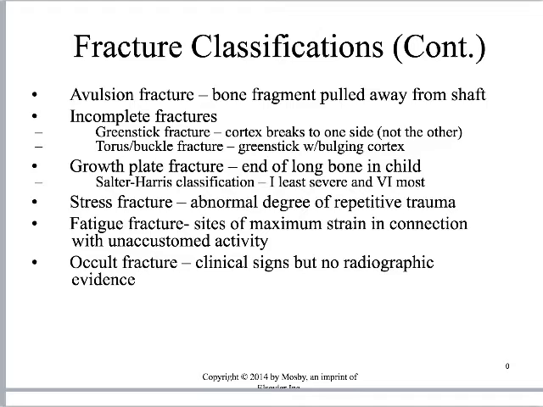Growth plate fractures, so this has to be a child, but if a portion of the epiphyseal plate is sheared off from the end of the bone, we will call that a growth plate fracture. And there's a special scale used for expressing those. I'm trying to see, do I have an example of that here? I think I have one later on for us.